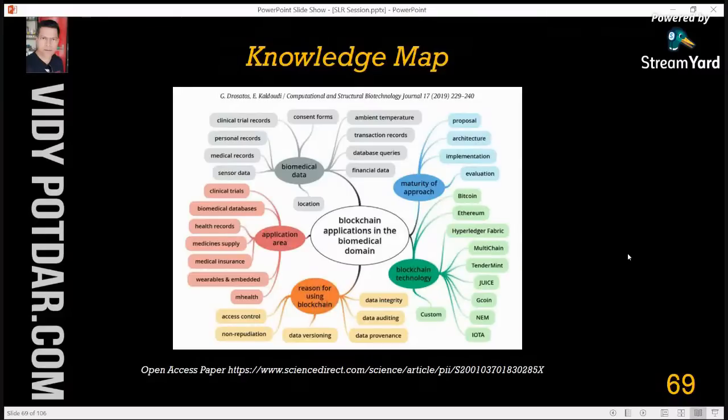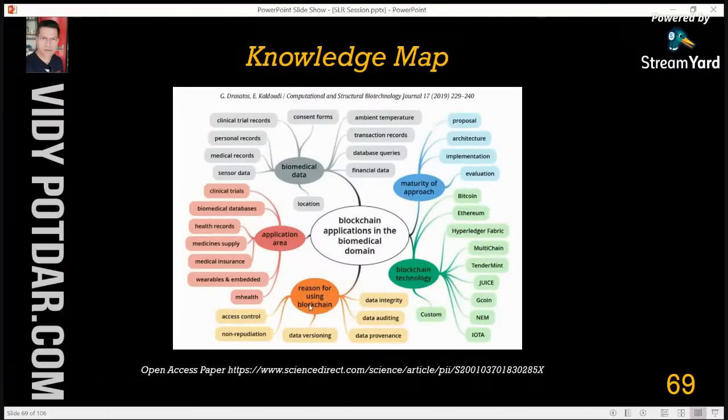In this one, based upon their research, they have come up with a knowledge map. Basically, a knowledge map is categorizing literature in some headings or some categories.